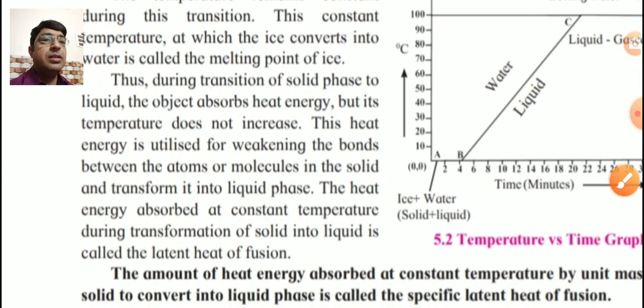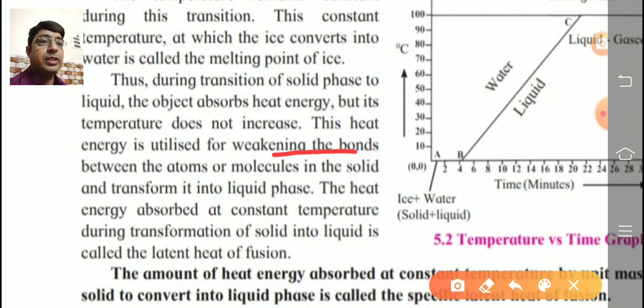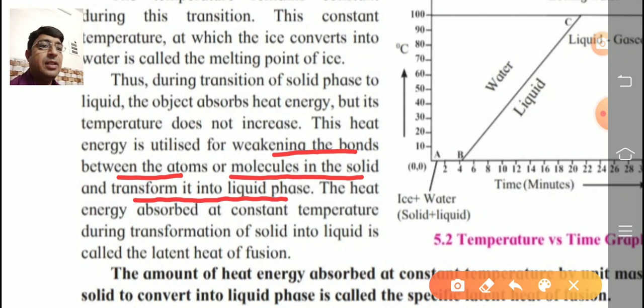Thus, during the transition from solid phase to liquid, the object absorbs heat energy, but its temperature does not increase. This heat energy is used for weakening the bonds between the atoms or molecules in the solid and transforming it into the liquid phase.